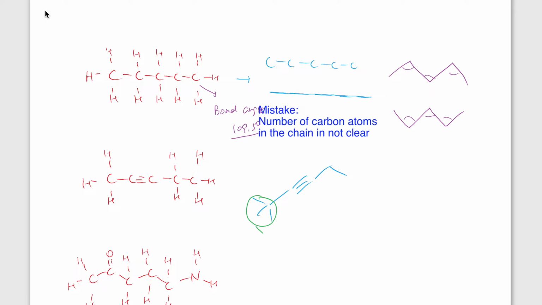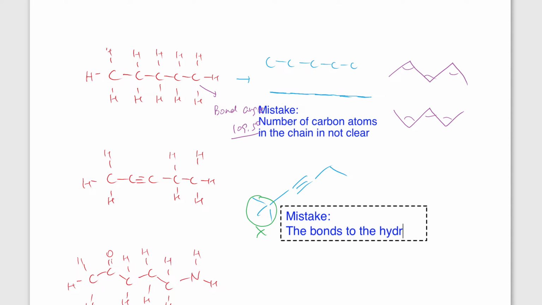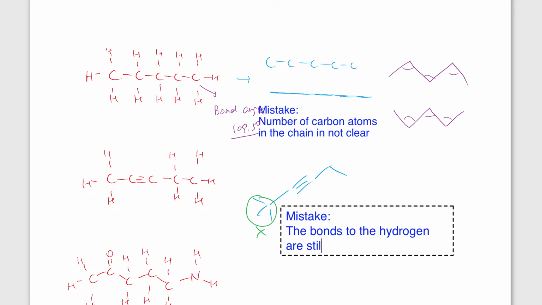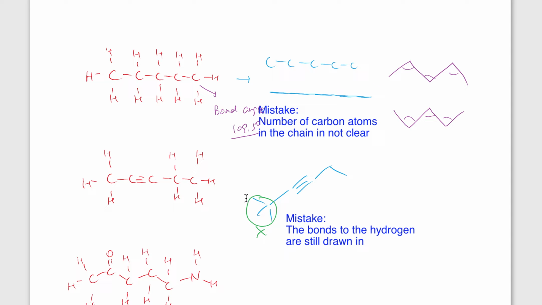So never do that. The correct skeletal structure is the one without the carbon-hydrogen bond. So it should look like this. This is a perfect skeletal structure for this formula.